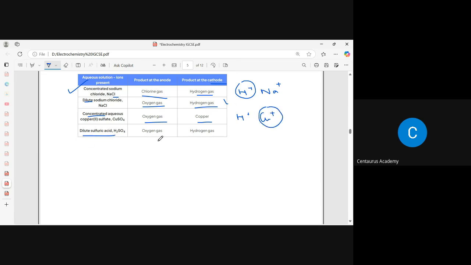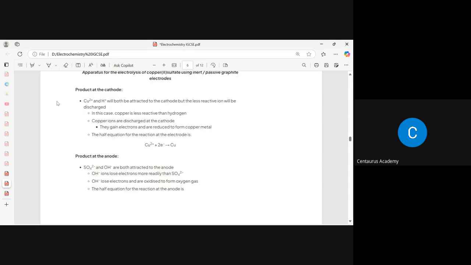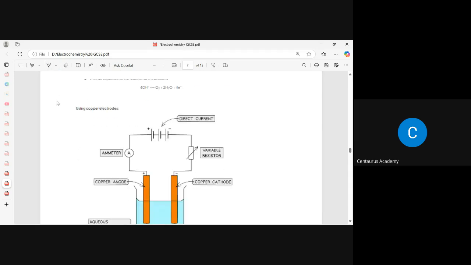Dilute sulfuric acid: oxygen gas is deposited, and you only have hydrogen ions as the cations, so as a result hydrogen gas is deposited. This will be the reaction for hydroxide ions: four hydroxide ions lose 4 electrons to produce 1 mole of oxygen and 2 moles of water.